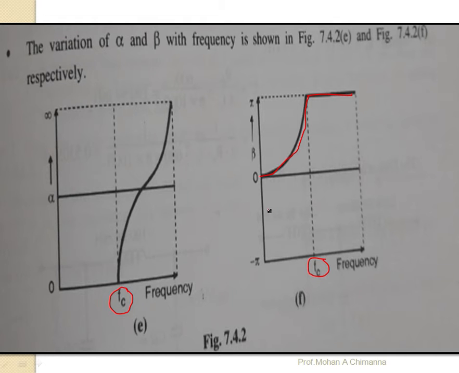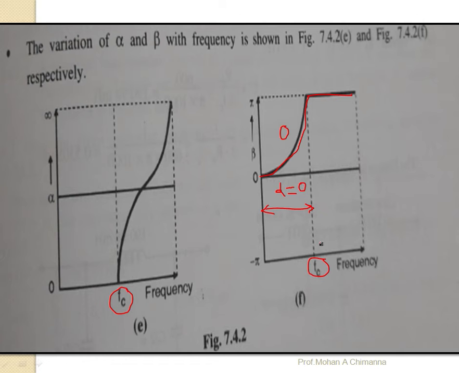In the case of the low pass filter, alpha is equal to 0, and from that the beta is equal to 0.